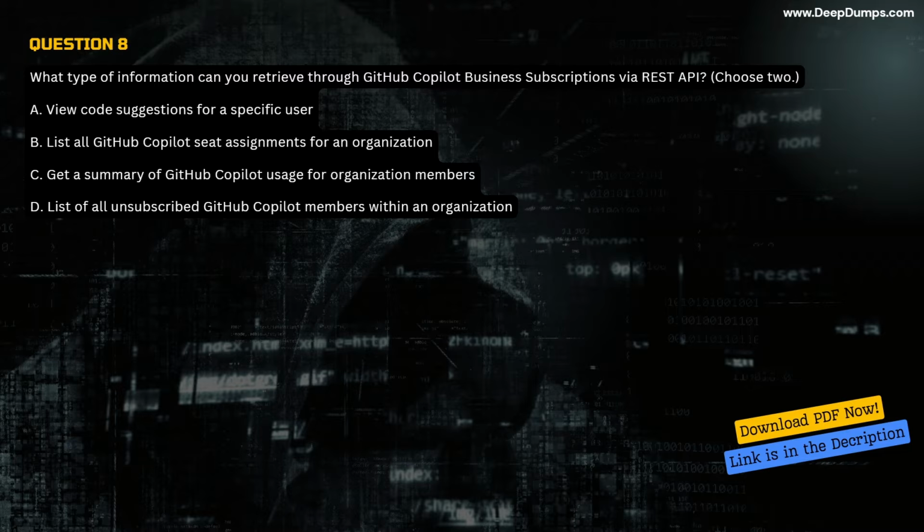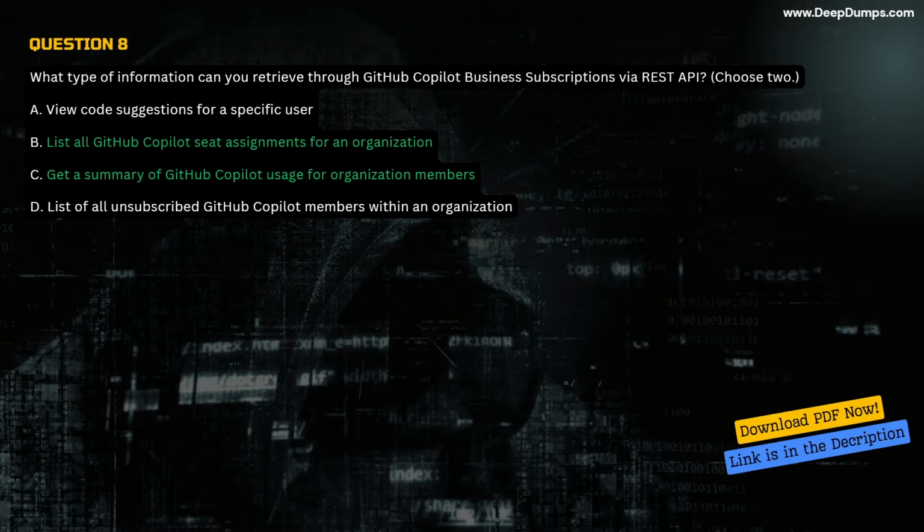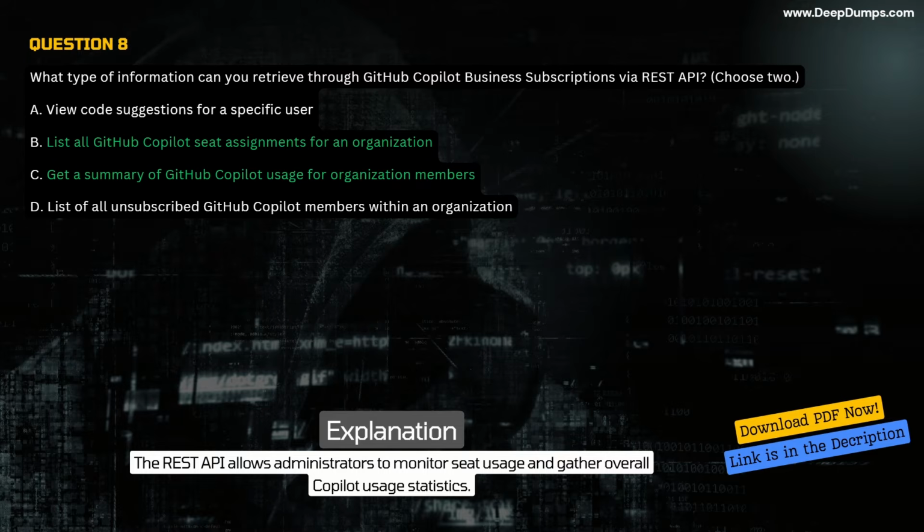D. List of all unsubscribed GitHub Copilot members within an organization. Correct answer, B and C. List all GitHub Copilot seat assignments for an organization. Get a summary of GitHub Copilot usage for organization members. Explanation. The REST API allows administrators to monitor seat usage and gather overall Copilot usage statistics.